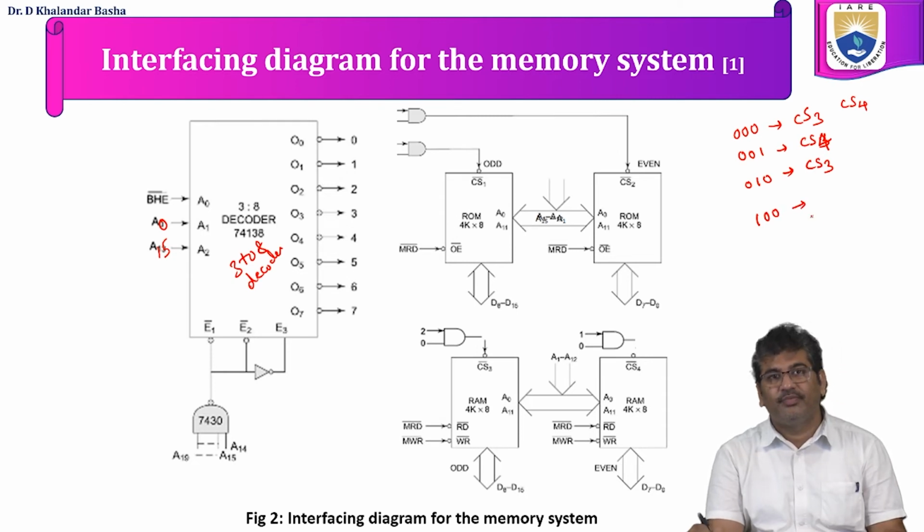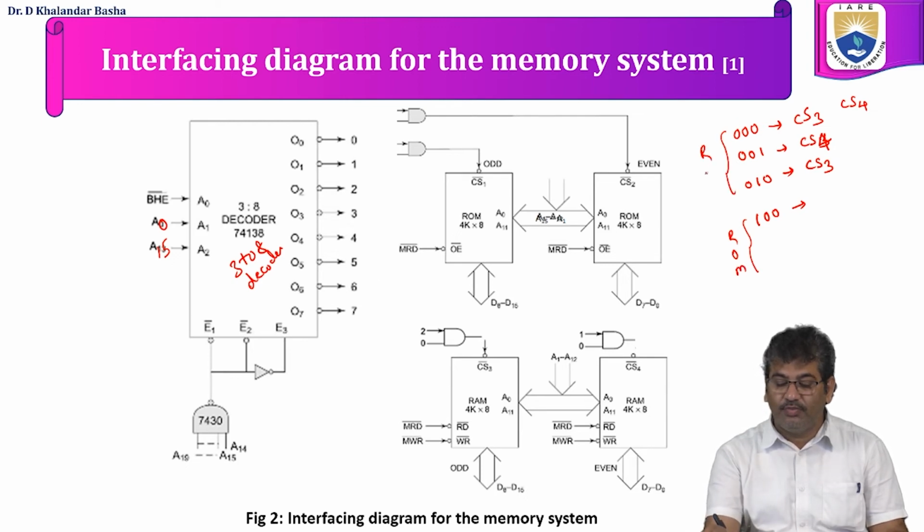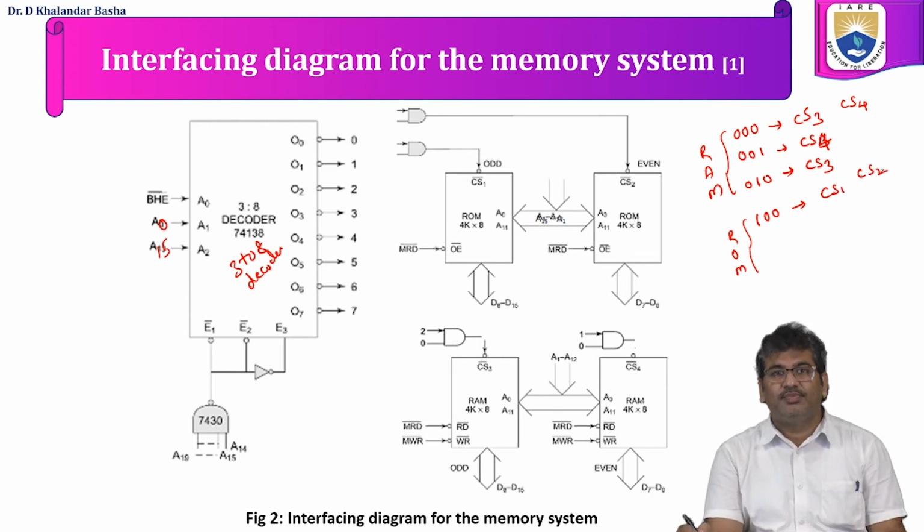Next, the 100 combination. 1 indicates it is for the ROM block, and these are corresponding to RAM blocks. Whenever these two bits are 00, it indicates it is a 16-bit transfer. So we are going to enable chip select 1 and chip select 2.